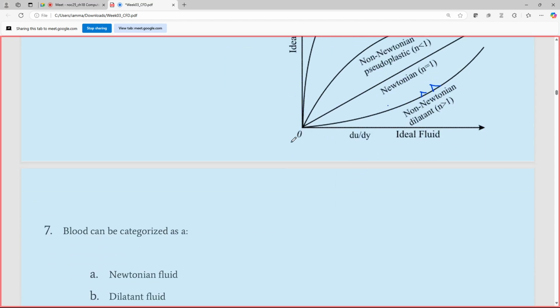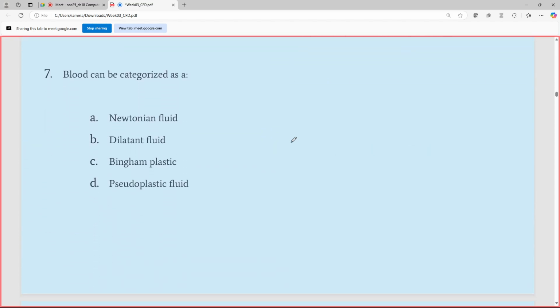Moving on to the next question. Question 7. Blood can be categorized as which among the following? The question is on the fluid type of blood. Option A, Newtonian fluid. Option B, dilatant fluid. Option C, Bingham plastic fluid.